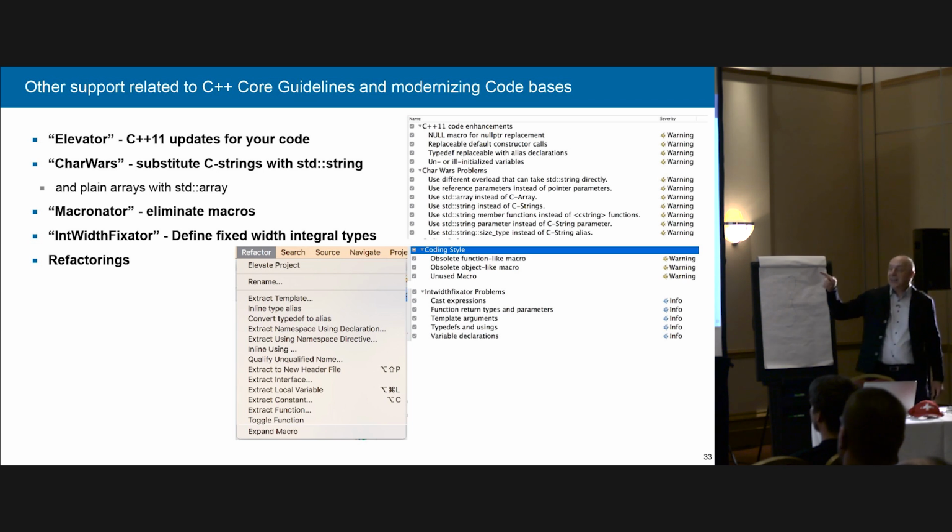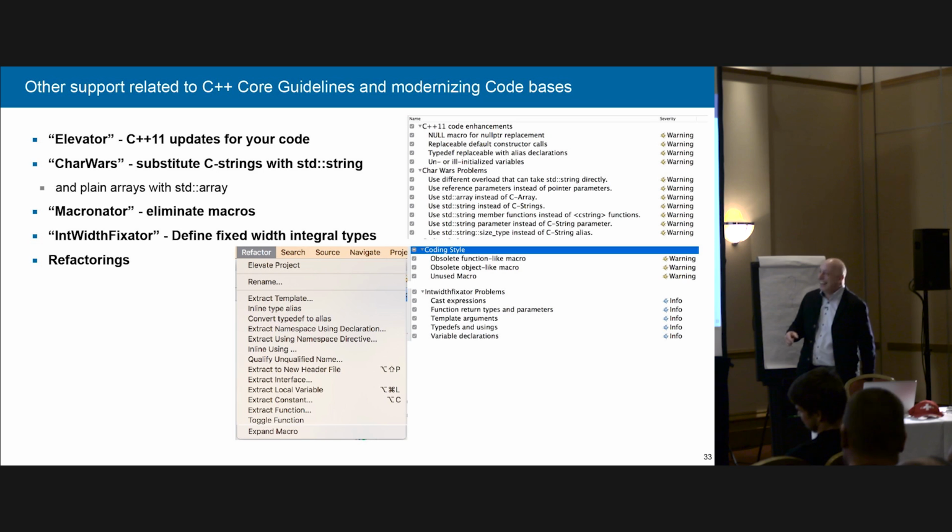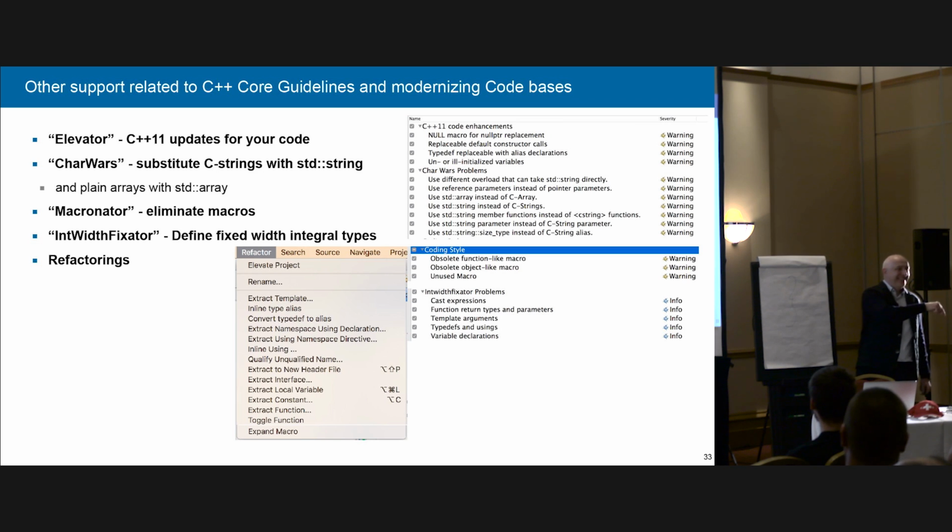And we now provide, whenever you use an integral type that doesn't specify its size, a way to refactor it to a corresponding fixed width type automatically. And vice versa, which is also good, especially if the size is wrong or not appropriate for the new processor you're moving to.